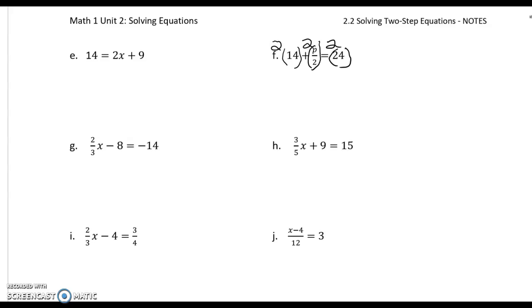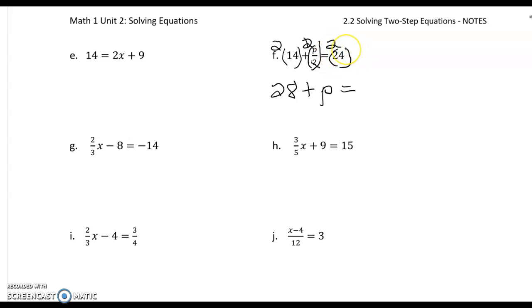So in this case, again, it's 2. So 2 times 14 is 28. Now when we get to the fraction, what's going to happen when you multiply a fraction by whatever is in the denominator, those are going to simplify or cancel. Right, so those 2's go away. So now we're just left with P.